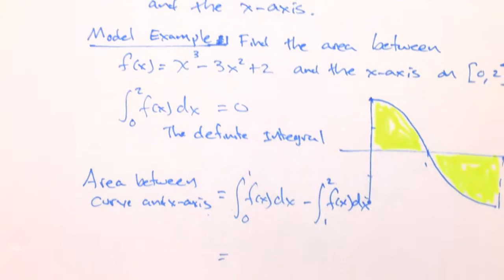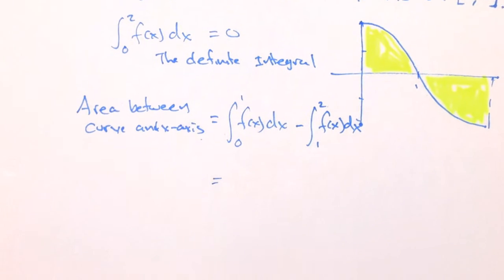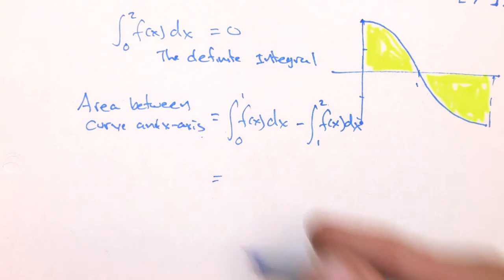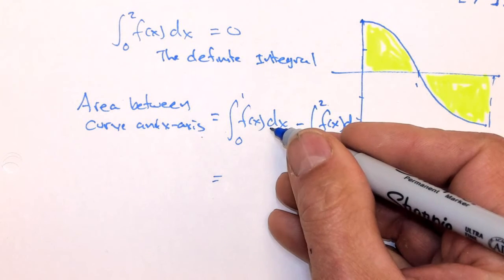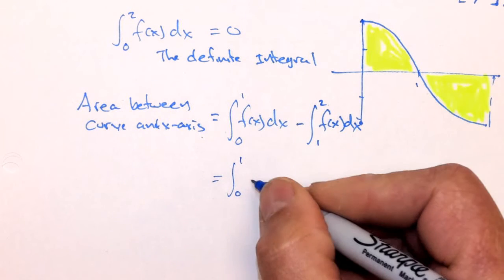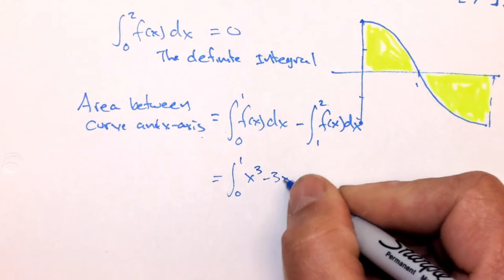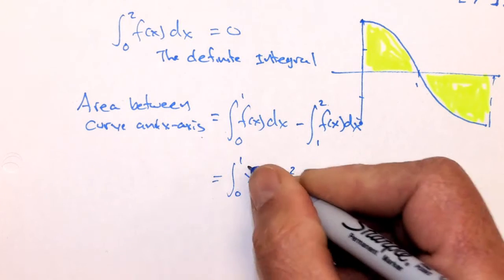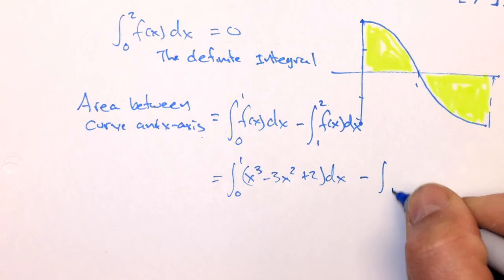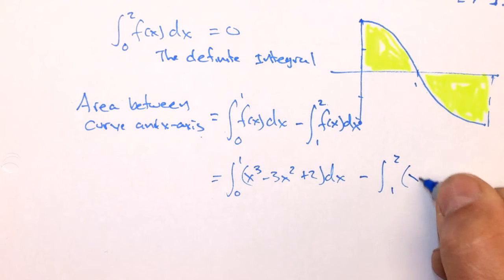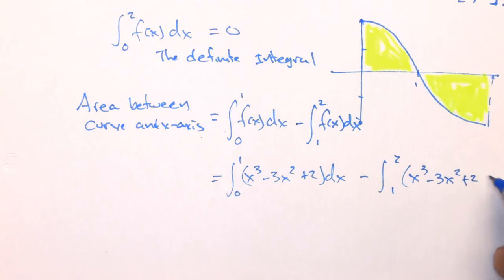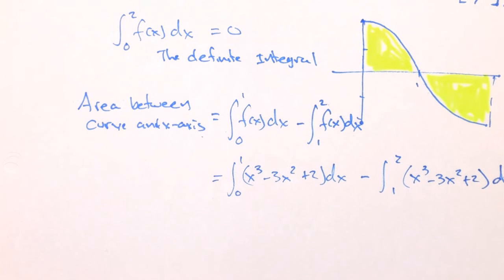I'm doing the same things I normally do in class, like not scrolling. Anyway, this first one is going to be the integral from 0 to 1 of x cubed minus 3x squared plus 2 dx, minus the integral from 1 to 2 of the same thing, x cubed minus 3x squared plus 2 dx.